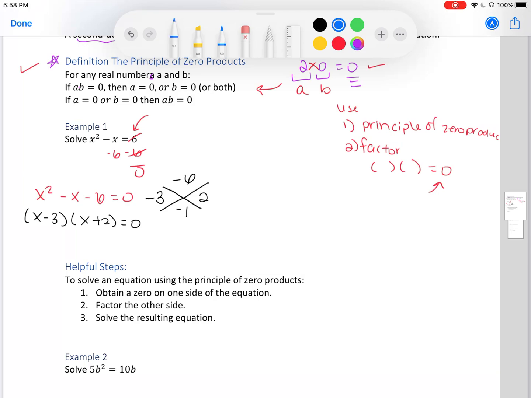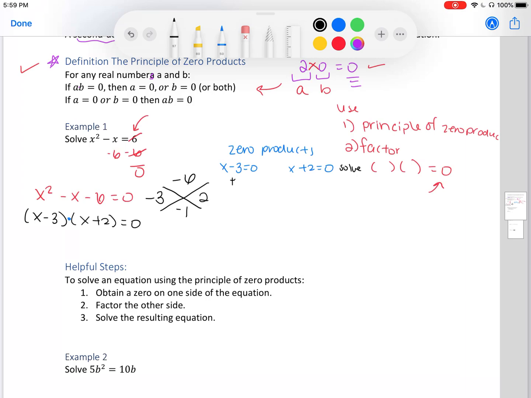Now we can apply our new principle. If the product of the factors equals 0, then one or both of them is 0. So let's go ahead and set both of them equal to 0. x minus 3 equals 0, or x plus 2 equals 0. Let's go ahead and solve to get x by itself.